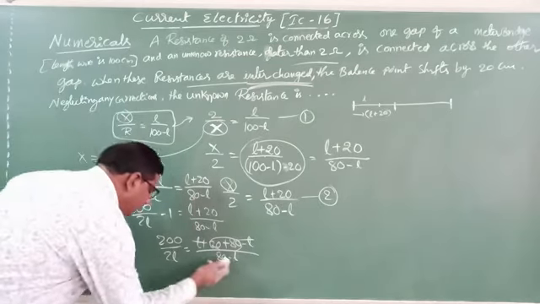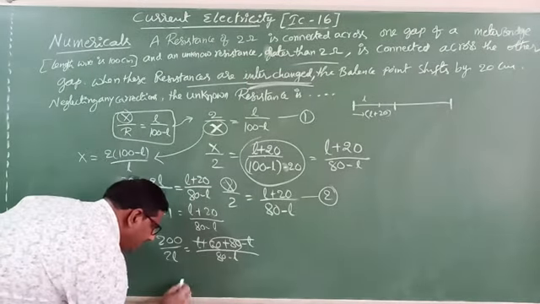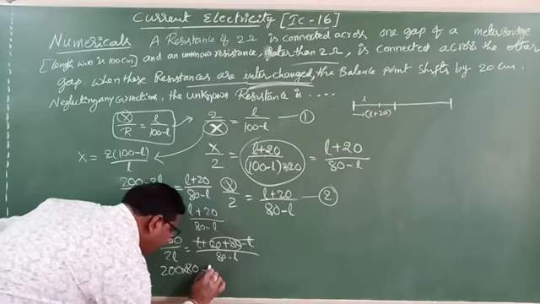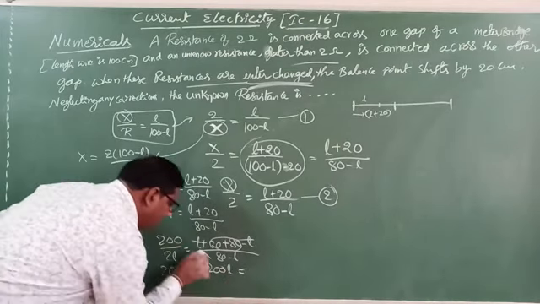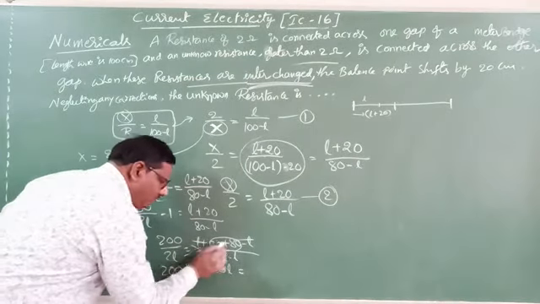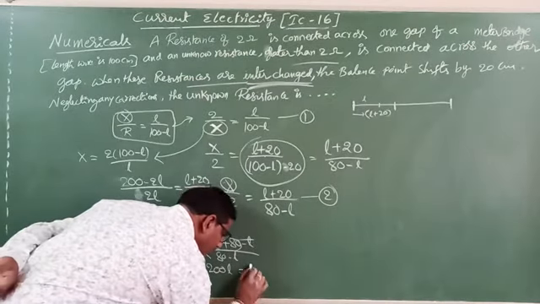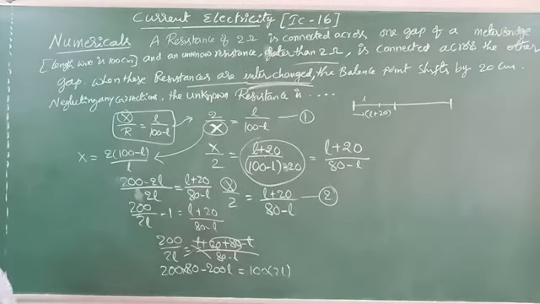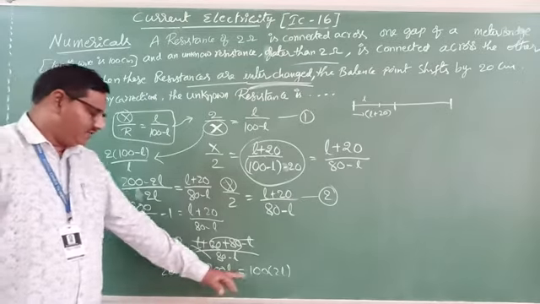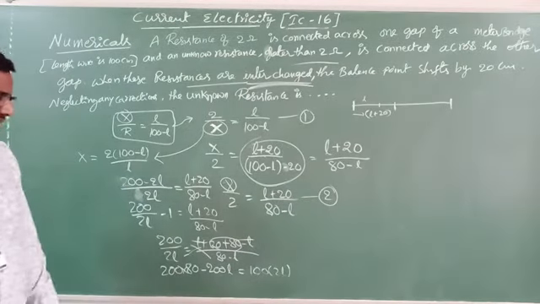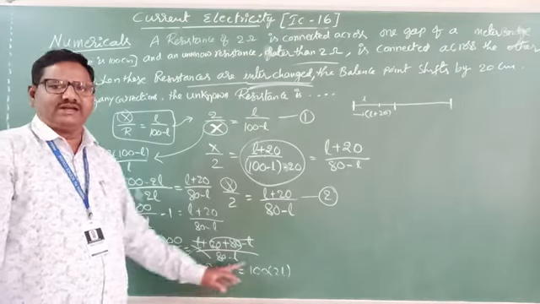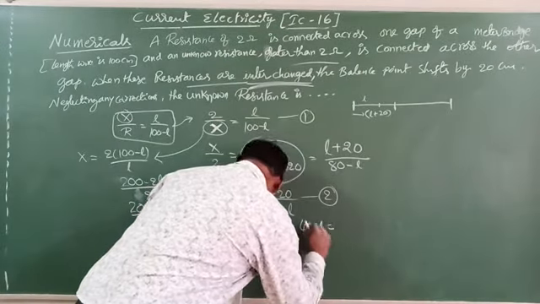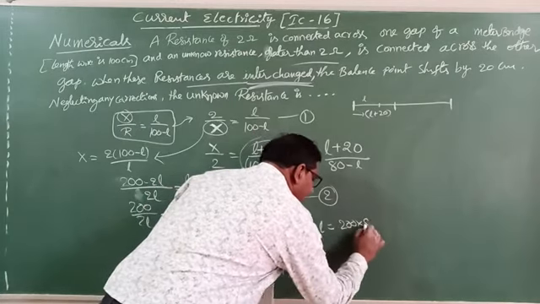Cross multiplying: 200 into 80 minus 200L equals 100 into 2L, that is 200L. Taking 200L to that side gives 400L equals 200 into 80.